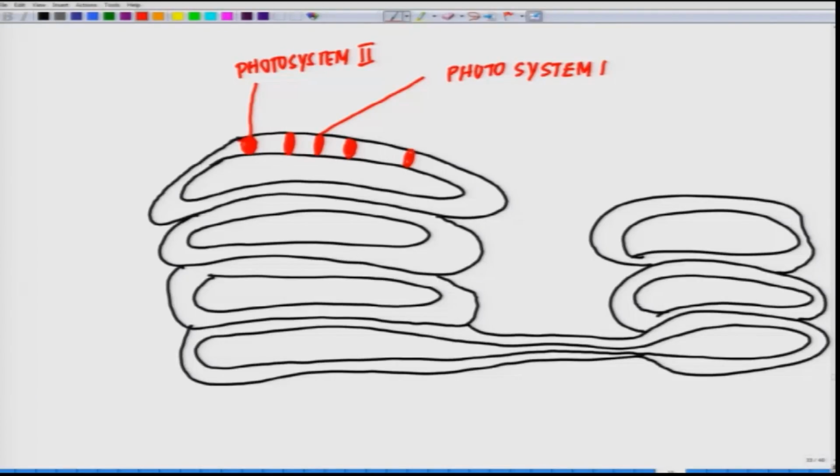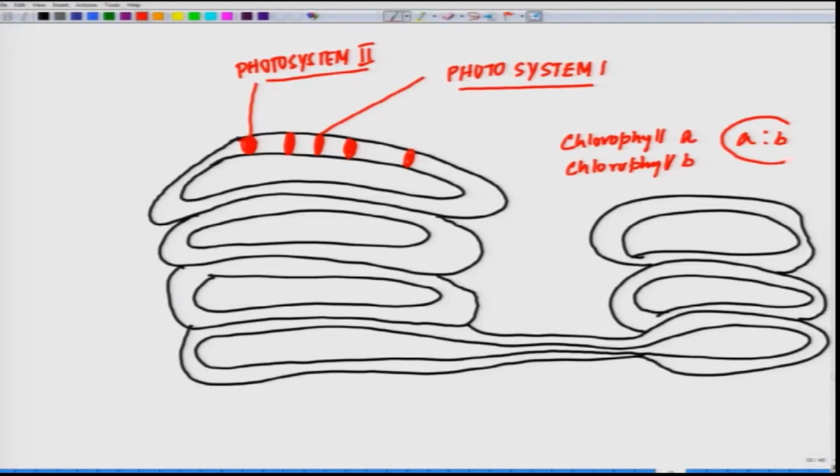And this photosystem 1 and photosystem 2 are decided by, as I told you, chlorophyll A and chlorophyll B. The A to B ratios are different.